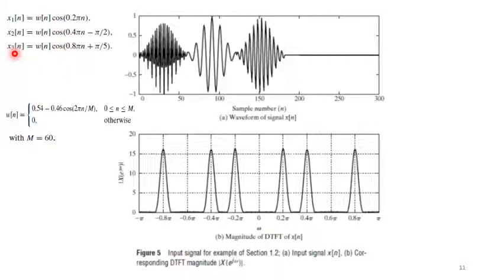Each pulse contributes to the frequency domain a band of frequencies centered at the center of the sinusoid. Like we have at 0.8 a band of frequencies, again at 0.4 and at 0.2, similarly at positive values of omega also.